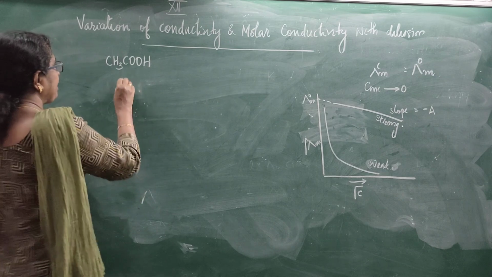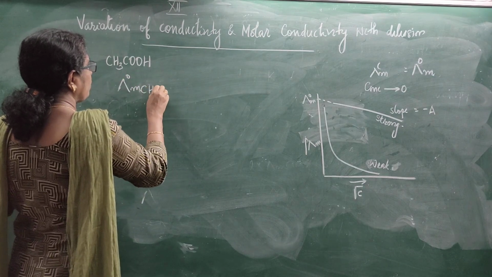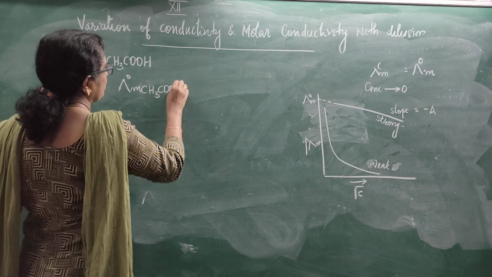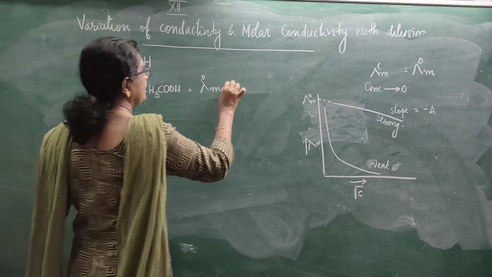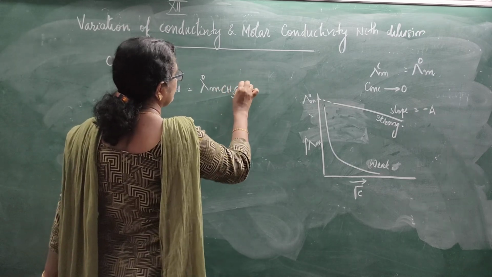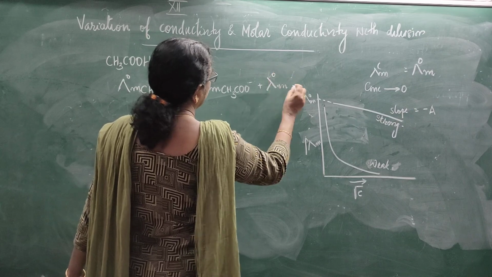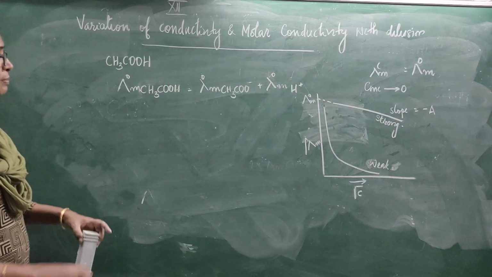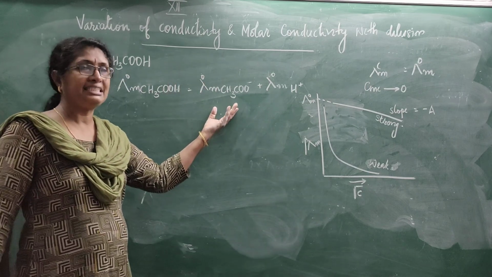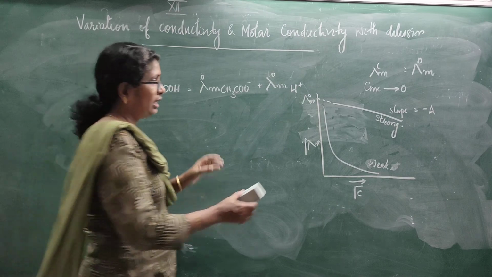And lambda m naught of ethanoic acid, CH3COOH, is equal to lambda m naught of CH3COO- plus lambda m naught of H+. This is how we will have to find out. That means we must know the lambda m naught of the ethanoate ion or acetate ion and that of the H+ ion.